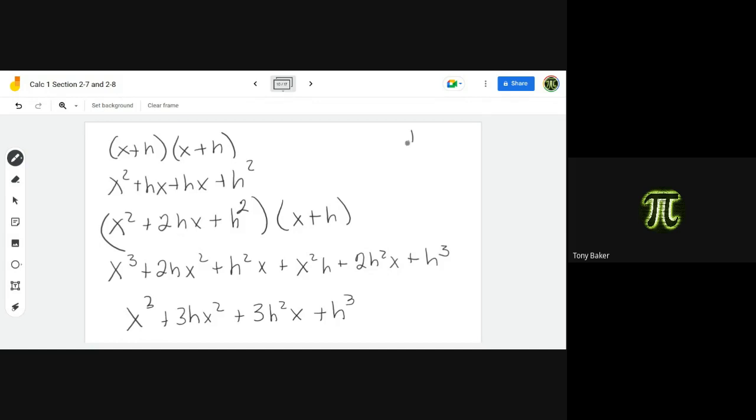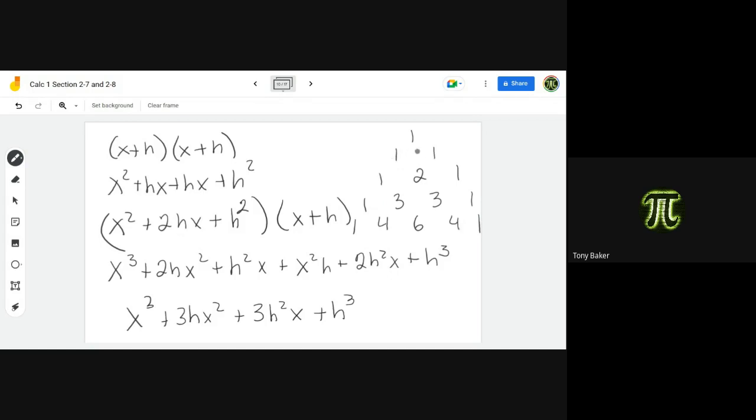You might have seen this at one point. Anybody remember what that is? That's Pascal's triangle. So Pascal's triangle, if you look at it, it's basically the sum of the things above it.